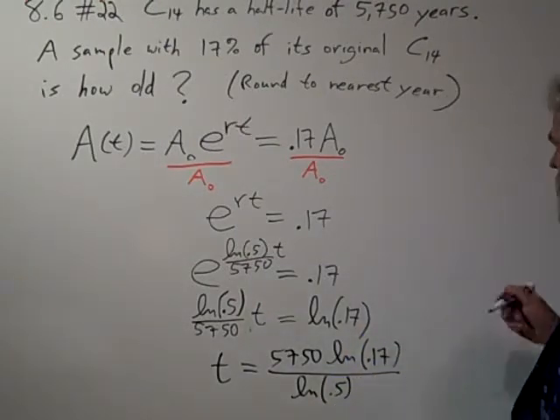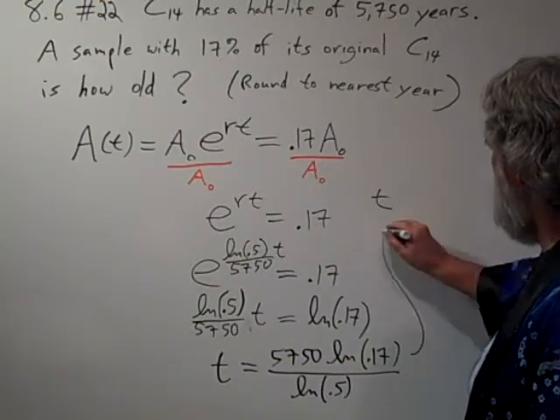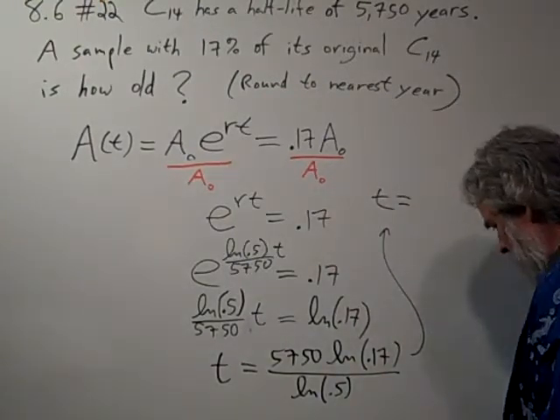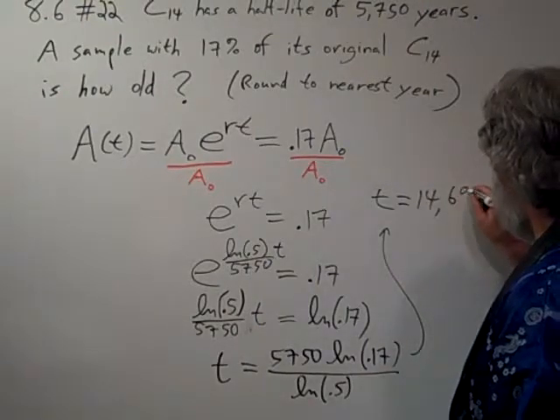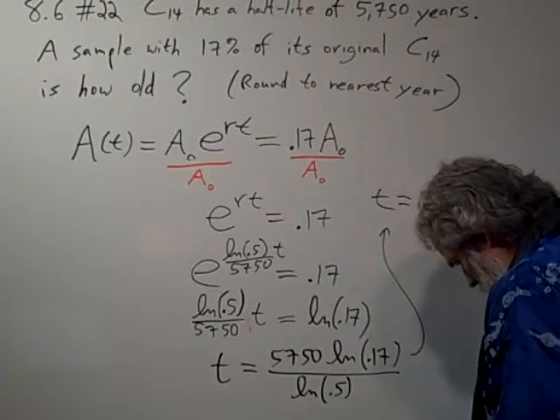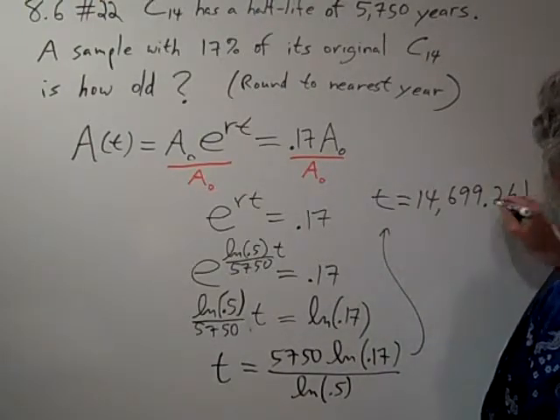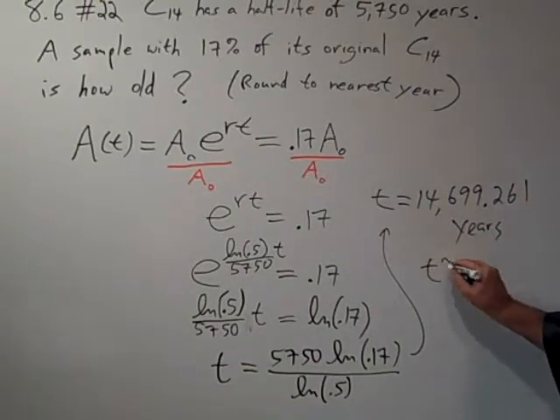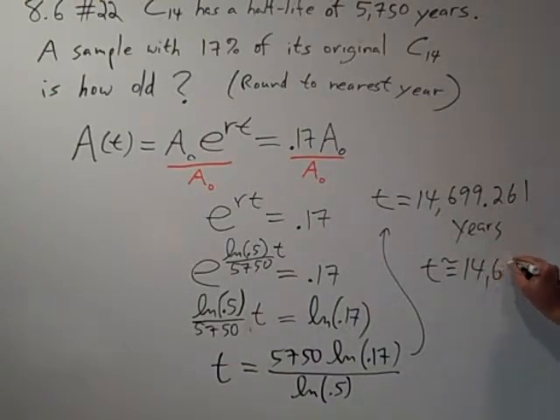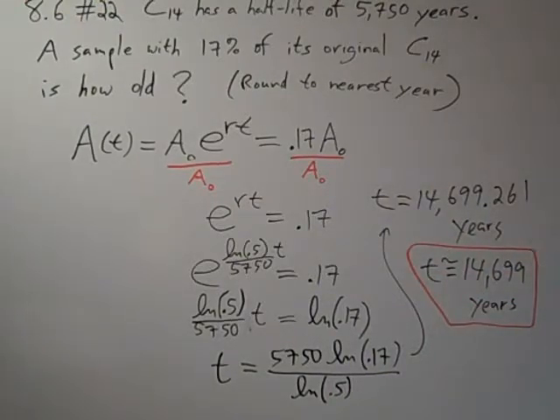And so I get that t here is equal to 14,699.261 years. In other words, that's about 14,699 years old. That's the age of the sample, rounded off to the nearest year, according to this carbon-14 test.